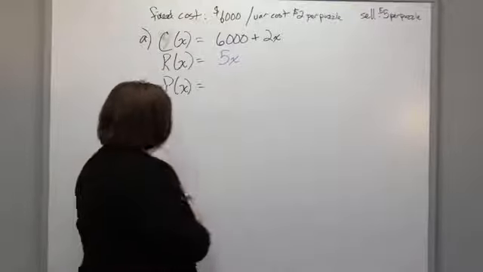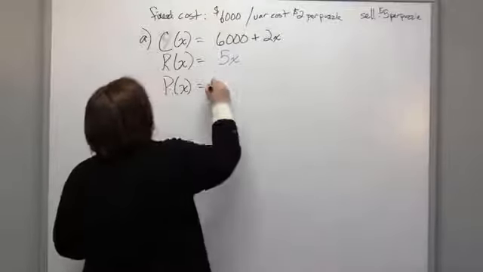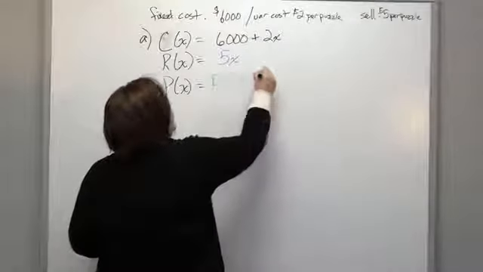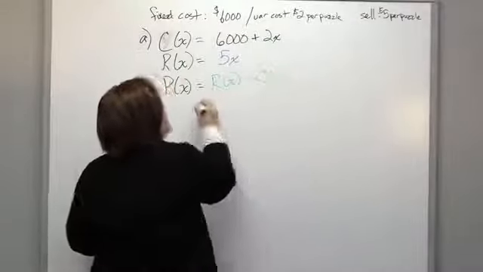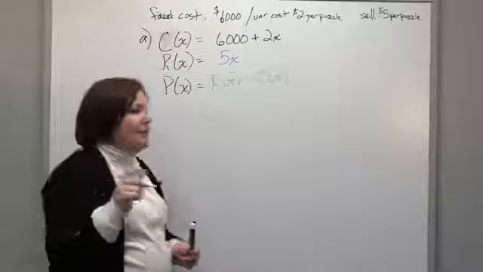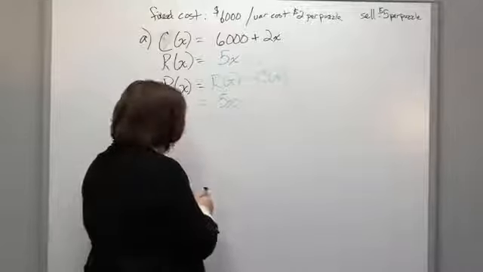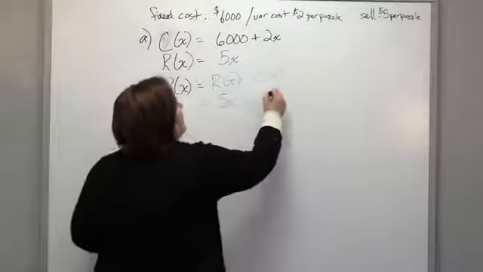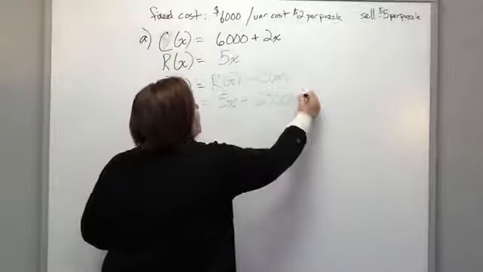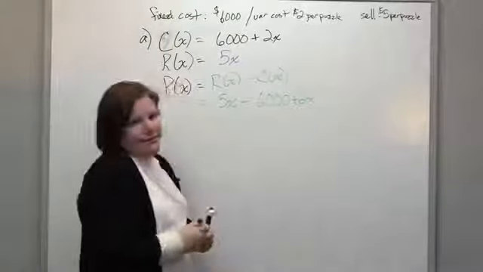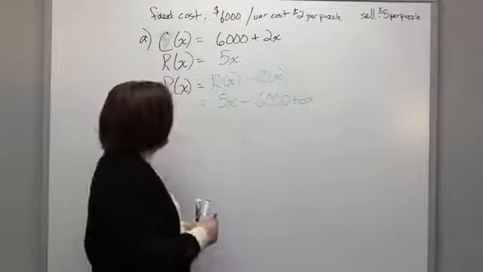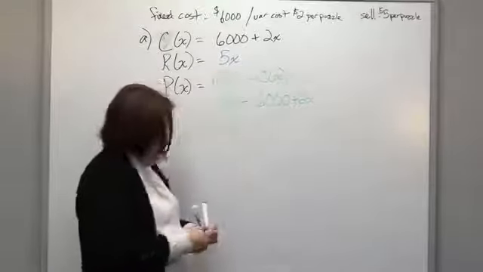So let me remind ourselves, revenue minus cost. And there's a common mistake here when we subtract that we forget the all-important parentheses, especially when the cost and revenue functions are a lot more complicated.